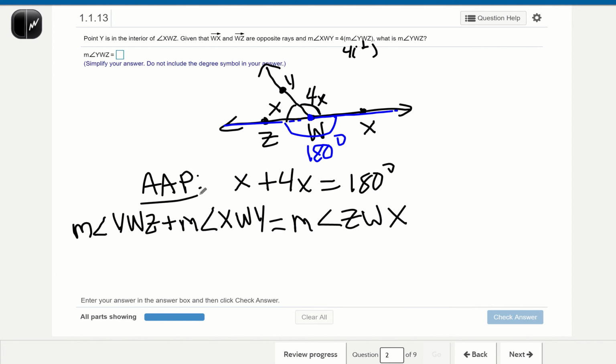That's the angle addition postulate, and then we know that this is x, and this is 4x, and the whole thing is 180.